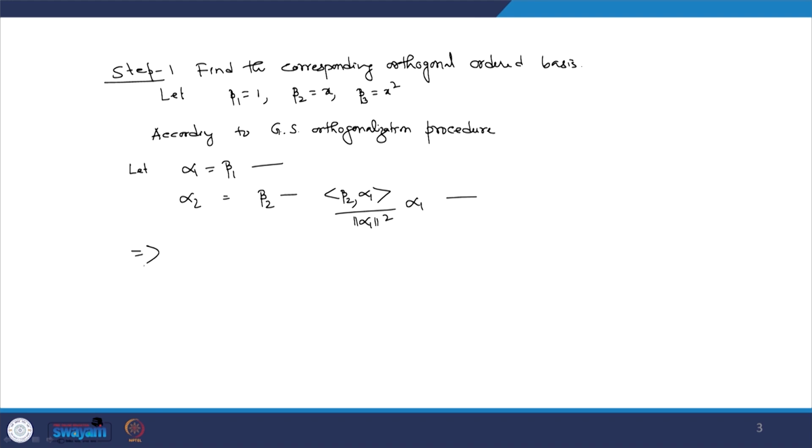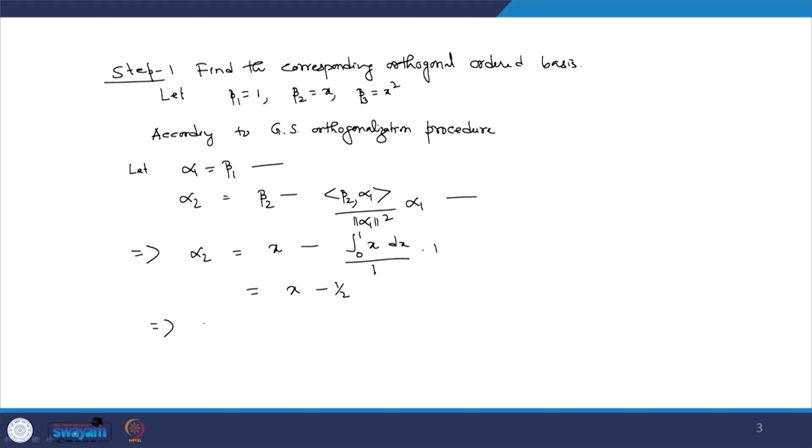So, alpha 2 equals x minus the integral from 0 to 1 of x times 1 dx, divided by the norm of alpha 1 squared, which is 1, times 1. This is equal to x minus x square by 2, putting in the value 1, we have x minus 1 by 2. So, alpha 2 equals x minus 1 by 2.